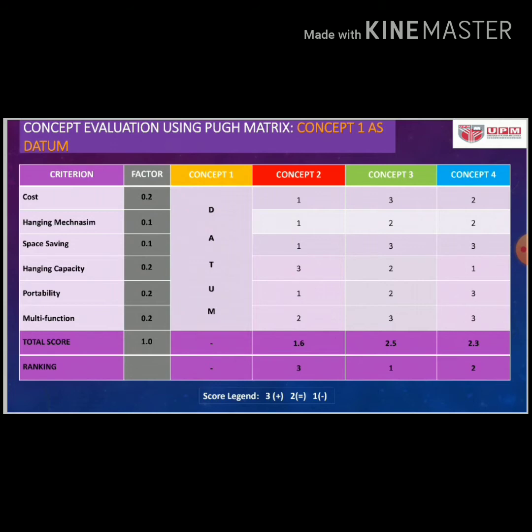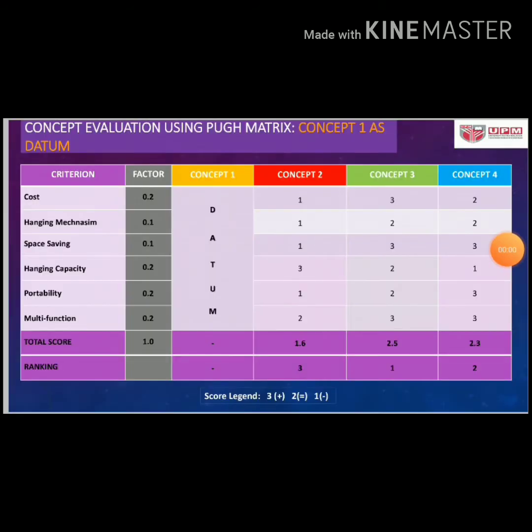Moving on to the scoring system, normally in the Pugh matrix we apply positive, negative, or equal signs, but I would prefer a numerical presentation, because it gives a straightforward comparison in terms of numbers from one concept to another. On top of that, the total sum of the weightage must equal 1.0.